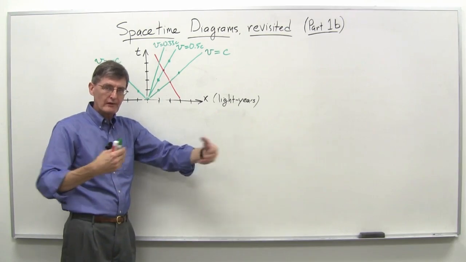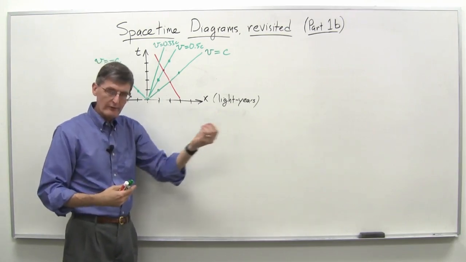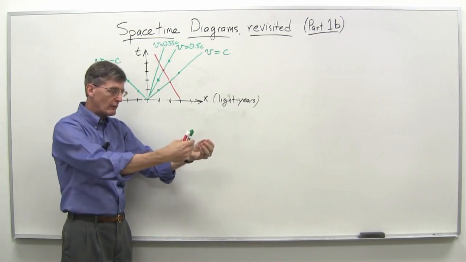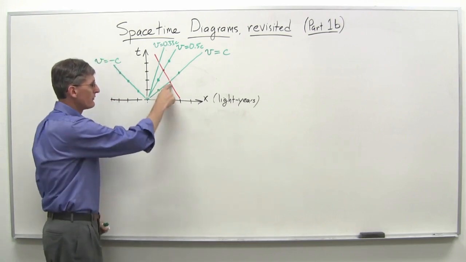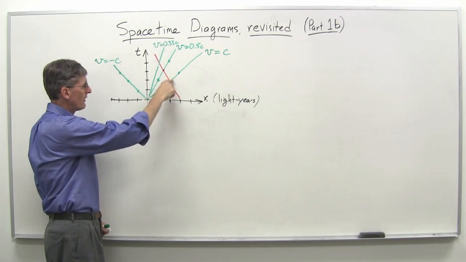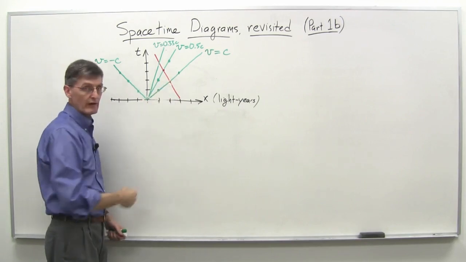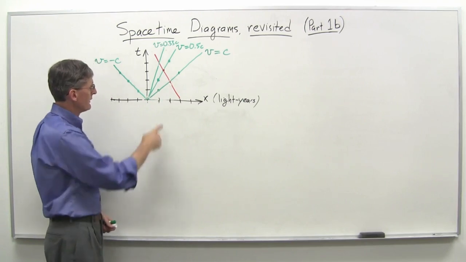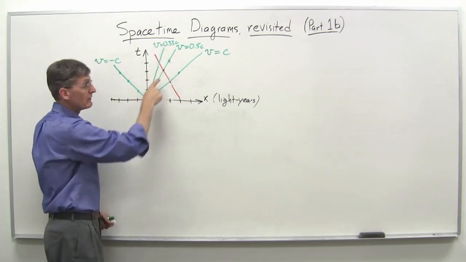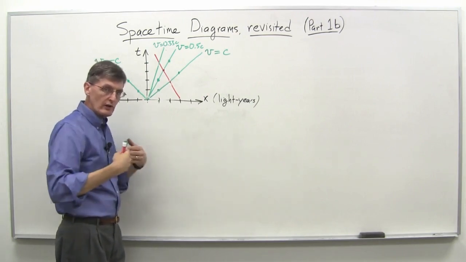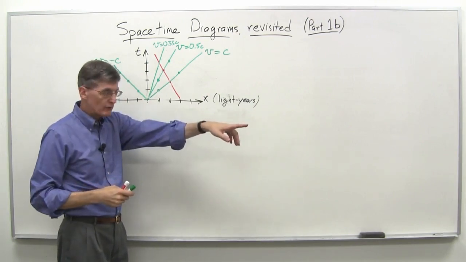The spaceship would run into the beam of light. So the spaceship is coming this way, as the red line indicates. Our beam of light is going that way, and at a certain point they would meet. This is the meeting point right here. It tells us what time those 2 objects met and at what x value in between. Same thing, say, for this object here, v equals 0.5 c. That means we shoot it off from the origin at 0.5 c, heading in that direction.